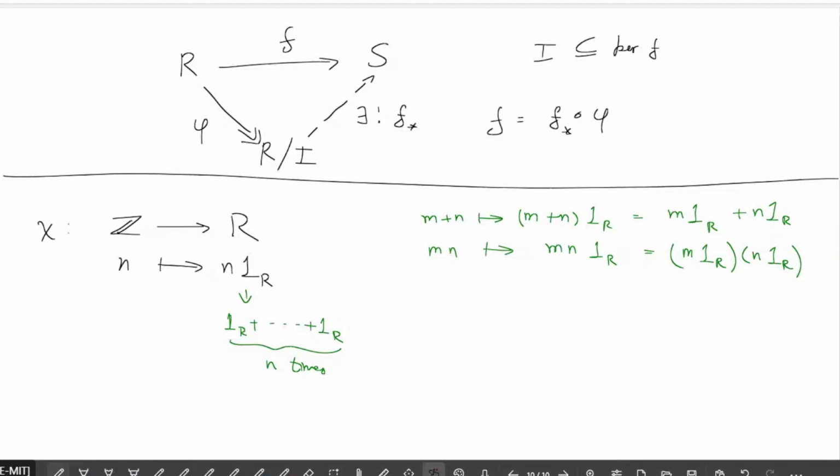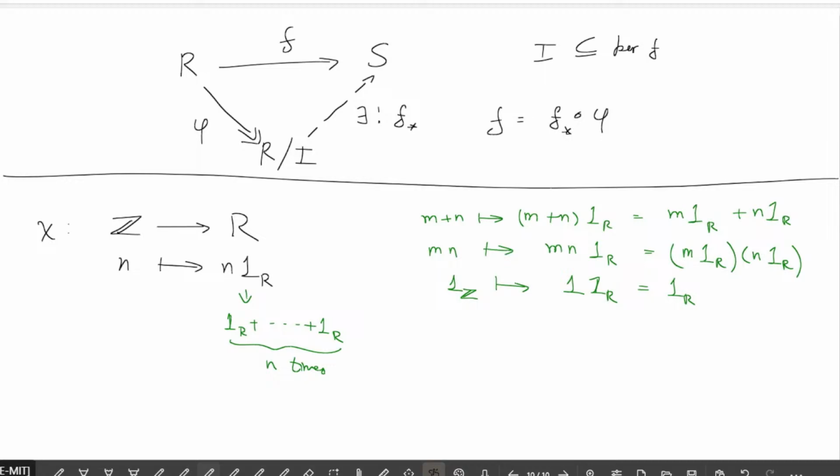Similarly, 1 maps to 1 of Z_n, the integer 1 maps to 1 times 1, which is 1. Okay, so it is a ring homomorphism, unitary, right?